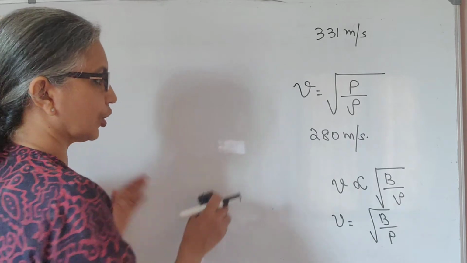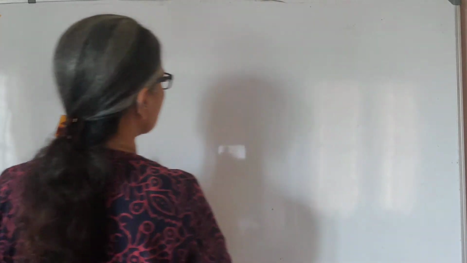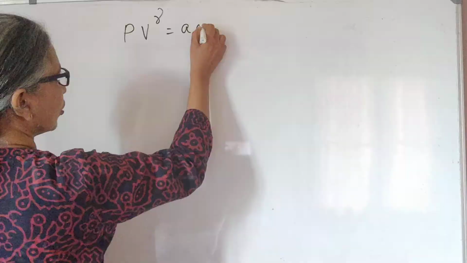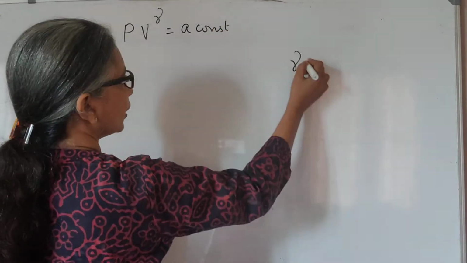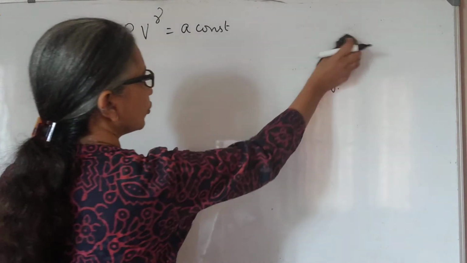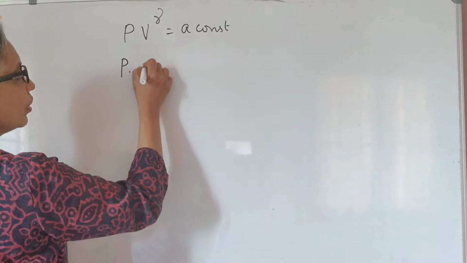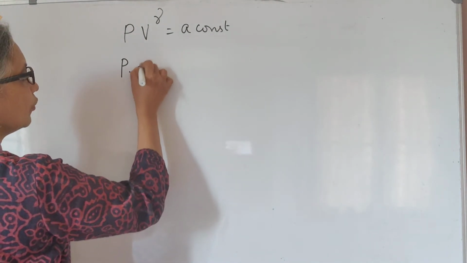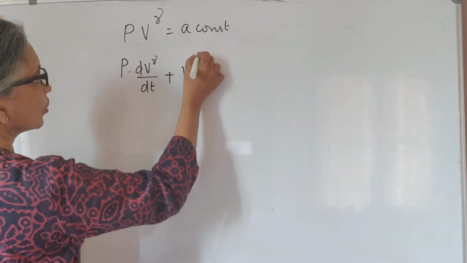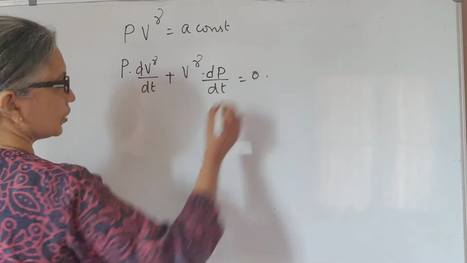So if it is an adiabatic change, we know PV raised to gamma is equal to a constant, where gamma is the ratio of specific heats, Cp by Cv. Now if I am going to differentiate this with respect to time, we have P into d(V raised to gamma) by dt plus V raised to gamma into dP by dt being equal to 0.